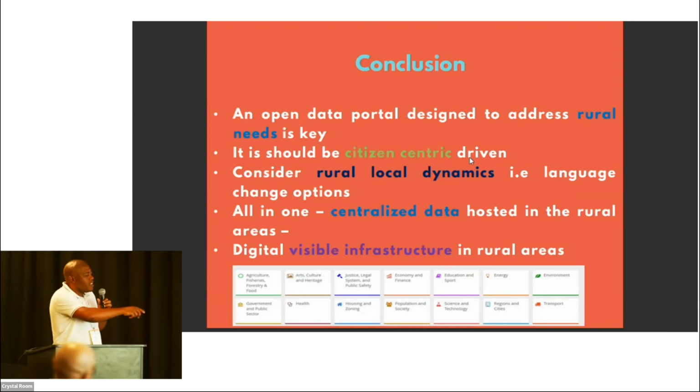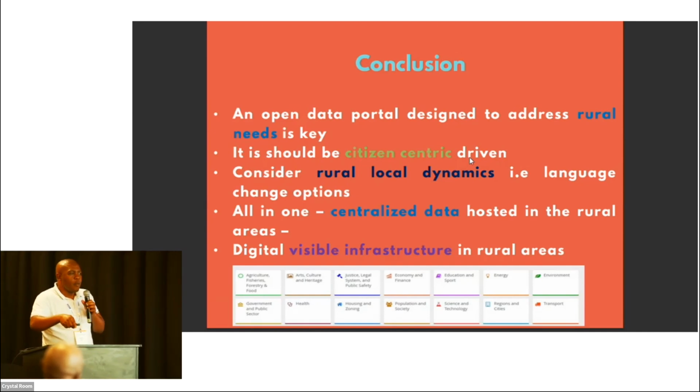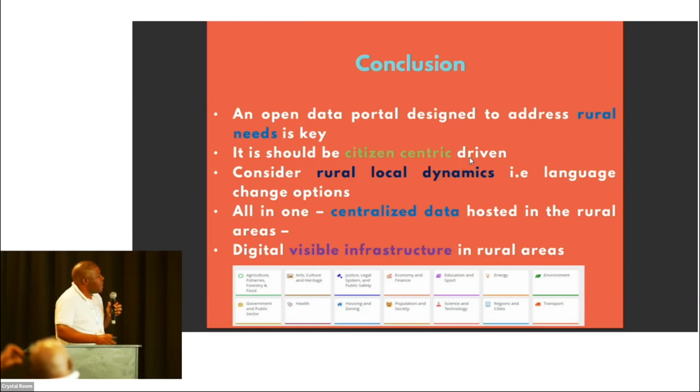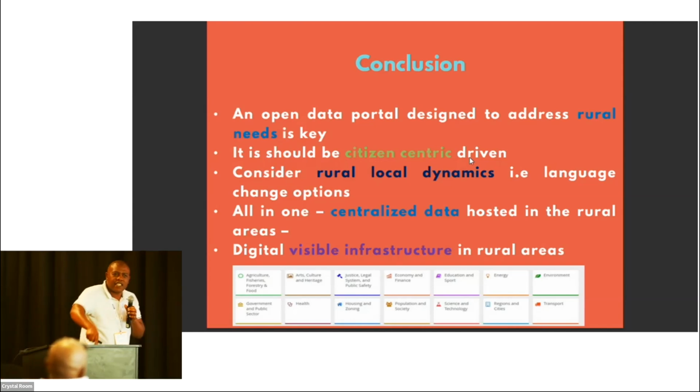These initiatives will help them. If it's digital infrastructure, we are saying let it be visible for them, because the reason why they don't trust mobile banking is simple. They don't know where their details are being stored. Where do the details go? If you tell them the bank has security, they won't trust it.